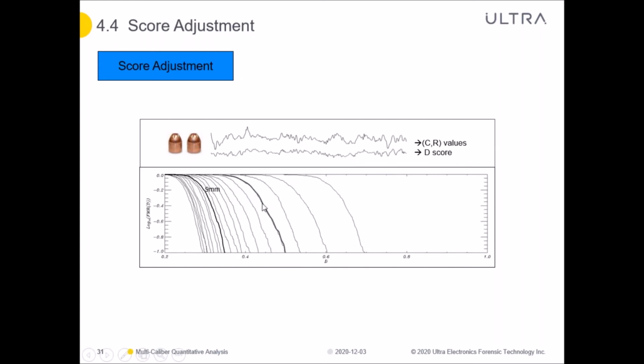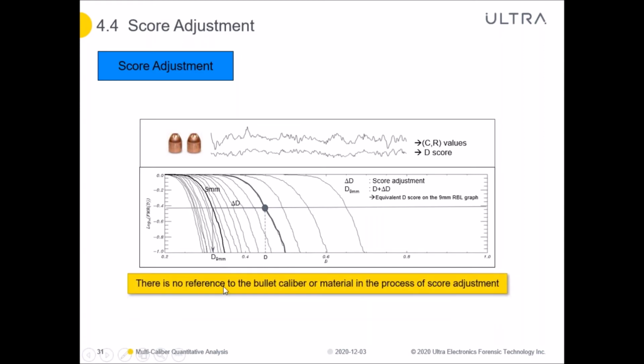Now, that false match rate curve is for those 2 bullets, and that curve is for my reference dataset. Now I take the objective identification score, project that on my false match rate curve for my 2 bullets, preserve the false match rate value, and bring the score back on the axis. That will give me the equivalent score on the 9mm RBL graph.